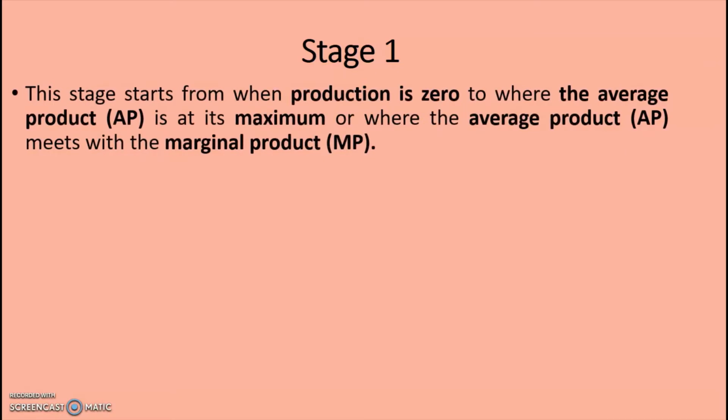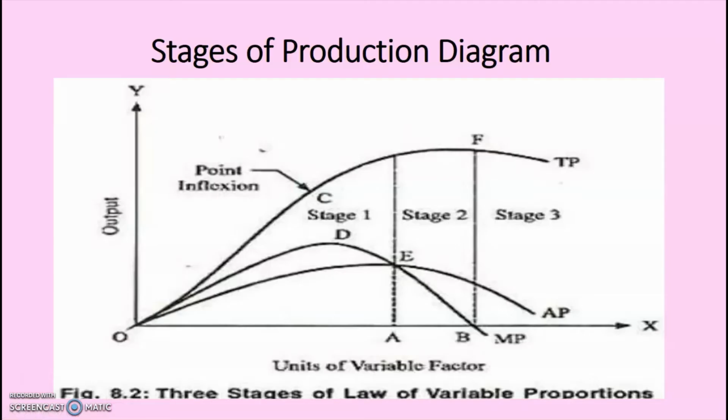Now this stage starts from where production is 0 or from the origin to where average product is at its maximum or where the average product meets with the marginal product. So let's look at the diagram.